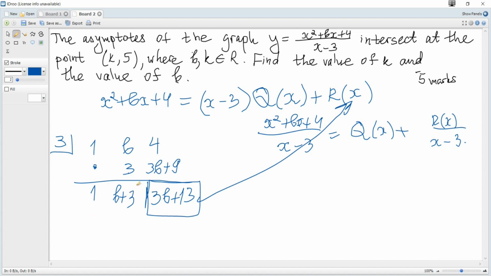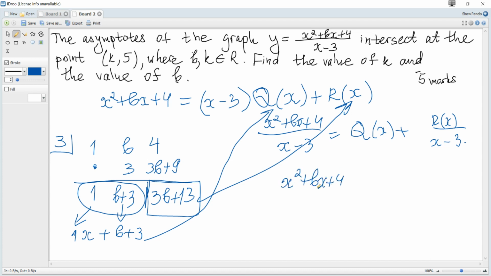and these coefficients give a polynomial of degree one less, so it's x plus b plus 3, it's q. Hence, x squared plus bx plus 4 over x minus 3 is x plus b plus 3 plus 3b plus 13 over x minus 3.